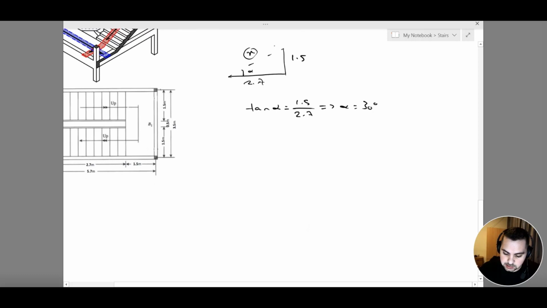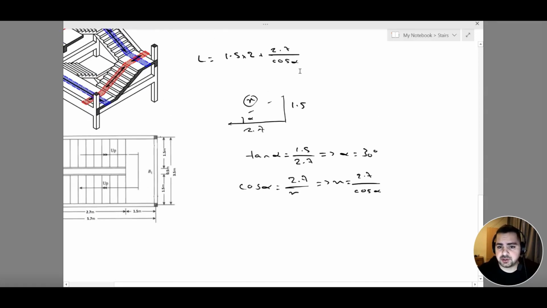So cosine alpha equals 2.7 over x, which implies x equals 2.7 over cosine alpha. We can also take it as 1.5 over sine alpha. It's the same thing. You can go for whichever number you want. They both work, because sine alpha equals 1.5 over x, so x equals 1.5 over sine alpha.